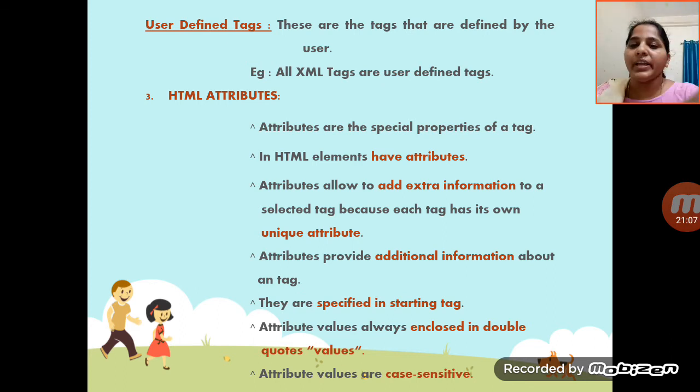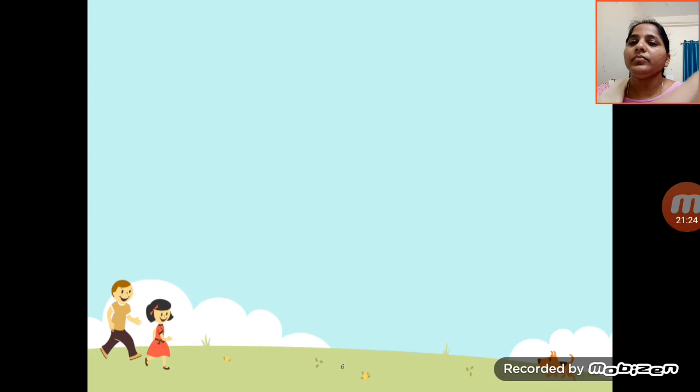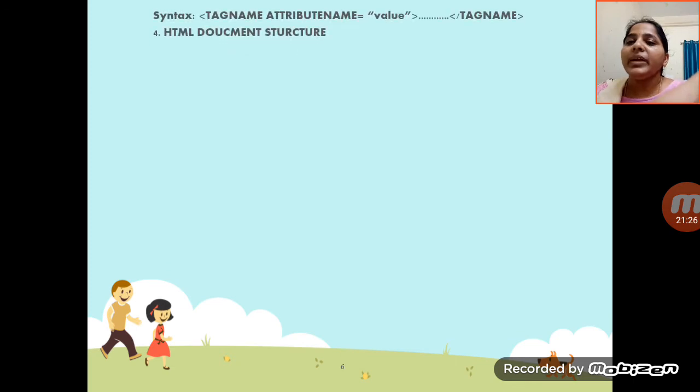I have taken the above example here. In this, attribute values are always enclosed in double quotes. Attribute values are case sensitive. For example, the tag name, the attribute and its value. Then the HTML document structure.